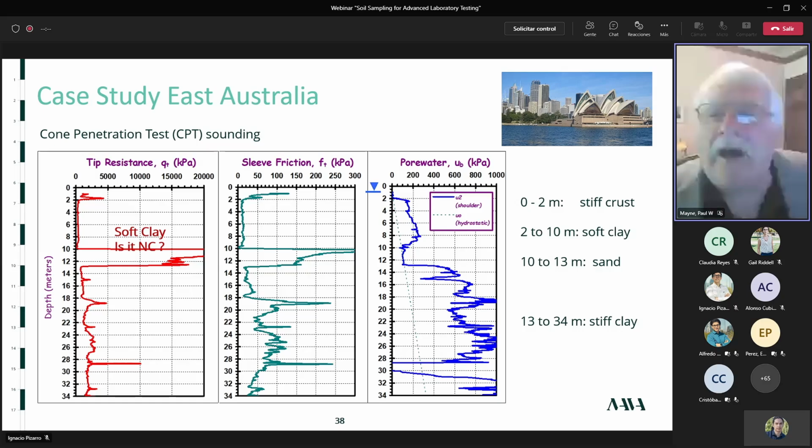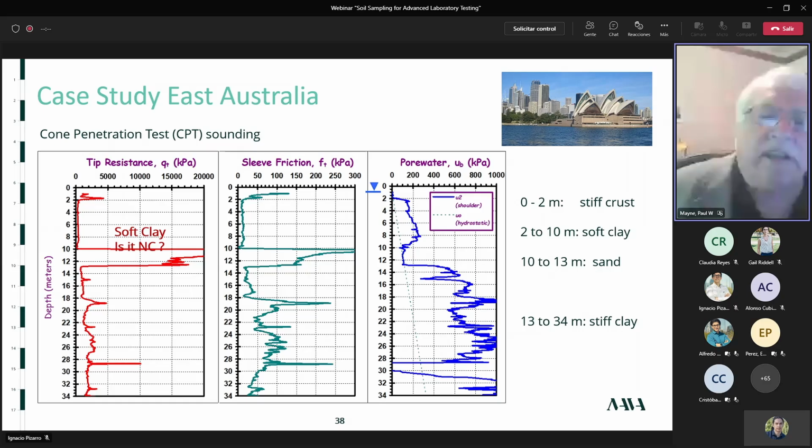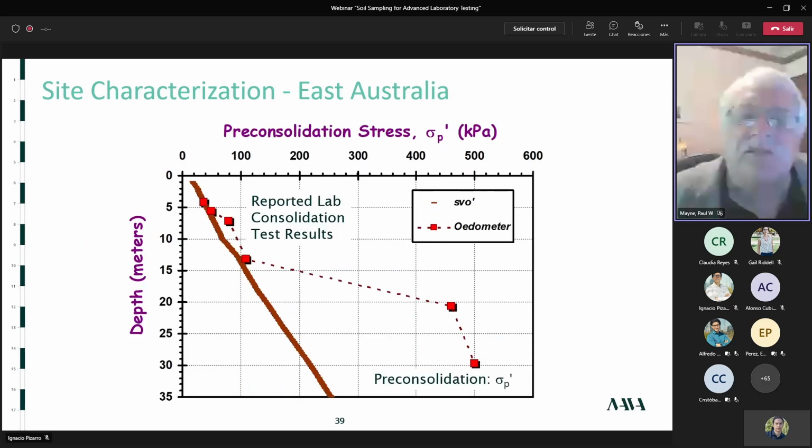They had recently conducted some piezo cones, and there was a laboratory before we got involved that reported just in a table some values. So I said, okay, let's look at that. Next. And here's what the previous lab showed.